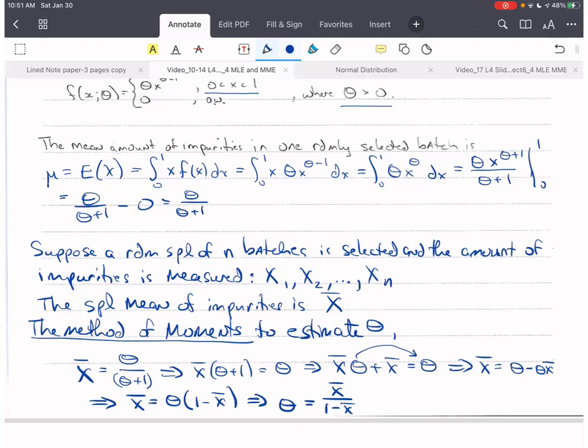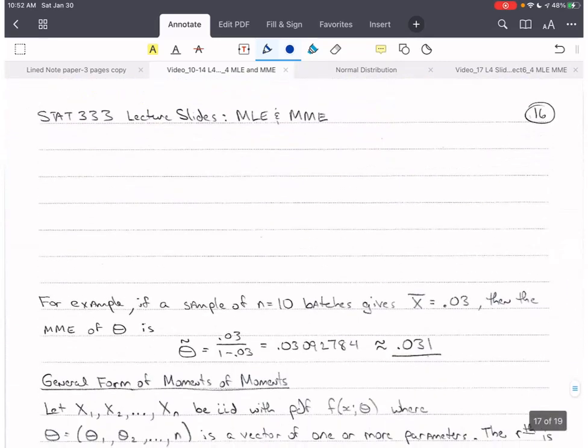And this is our MME estimator. So we're using a tilde. This is the method of moments estimator. Okay, so this is the first example.